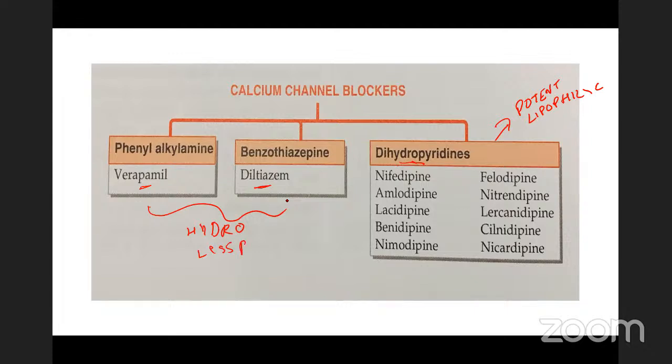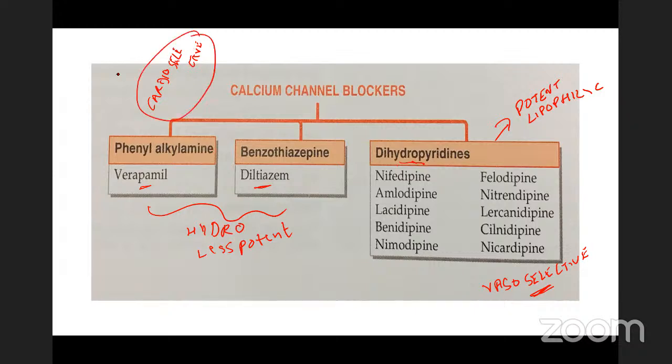One more point to remember: verapamil and diltiazem are more cardioselective. They also act on the calcium channels of vascular smooth muscles, but they are more selective towards the heart. Whereas dihydropyridines are more vasoselective. They also act on the calcium channels of cardiac muscles, but dihydropyridines are more towards the vascular smooth muscles, whereas non-dihydropyridines, verapamil and diltiazem, are more cardioselective.